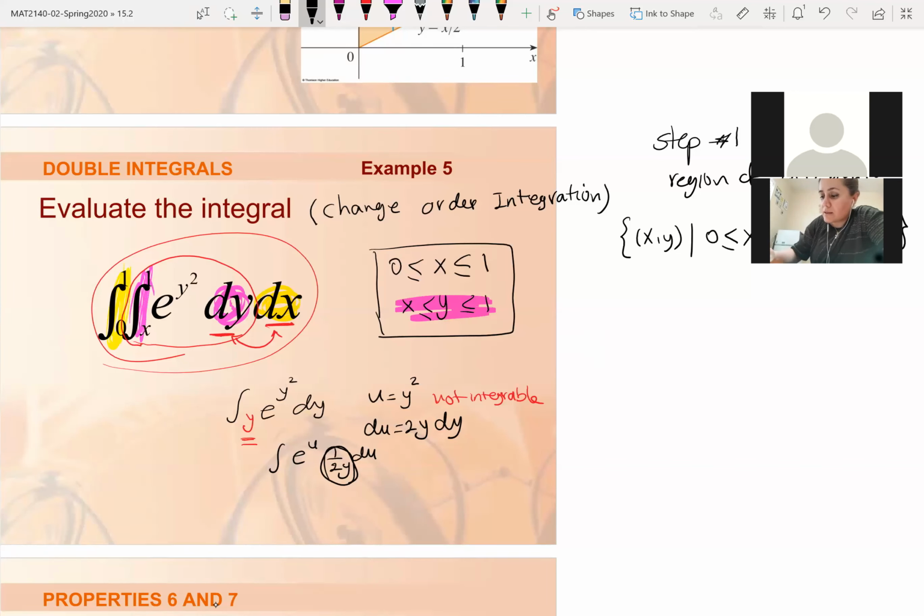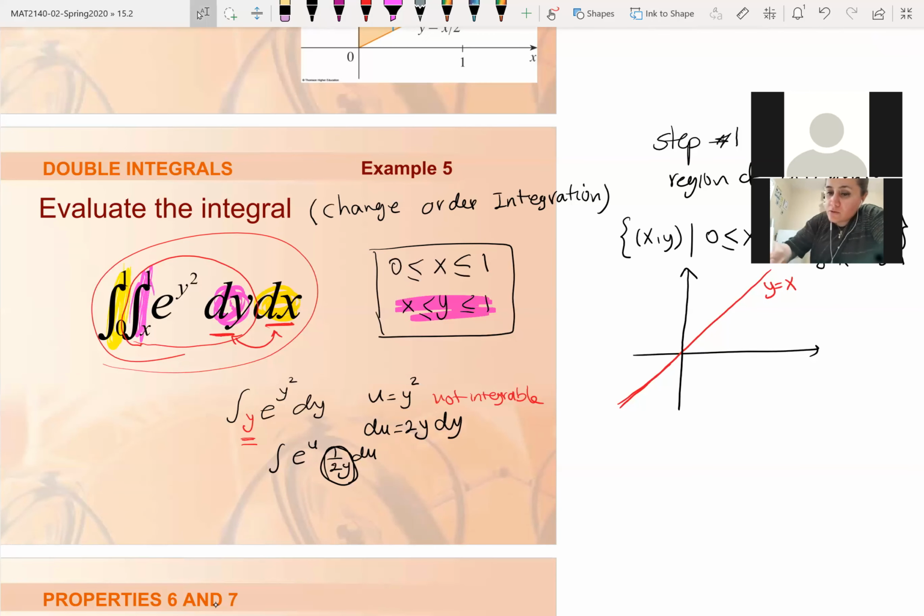So then the graph of this is going to be y equals x is down. The bottom piece is y equals x. And then the other side is y equals 1.